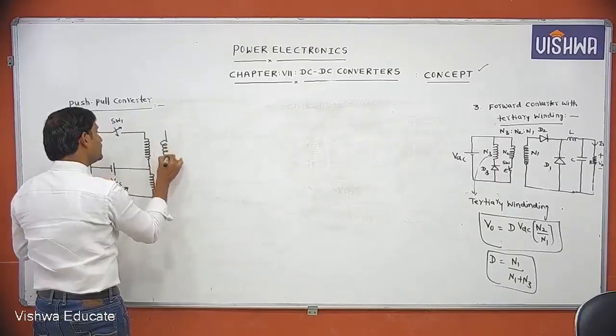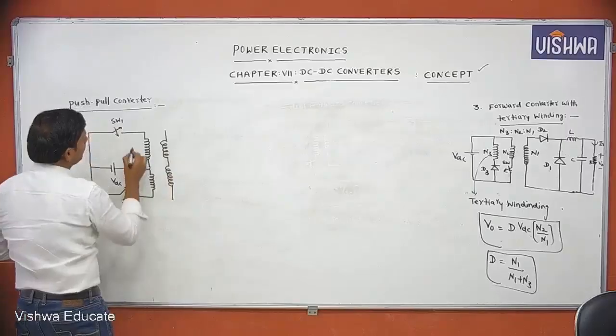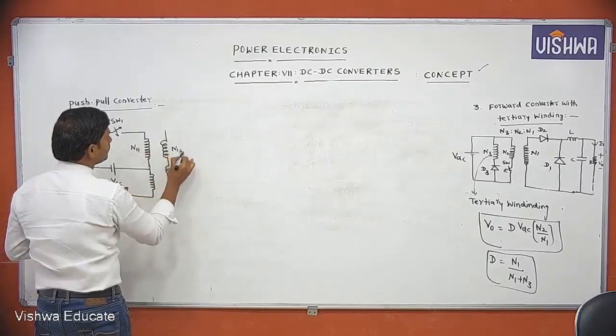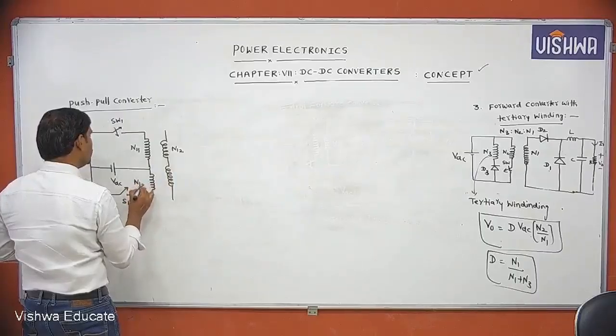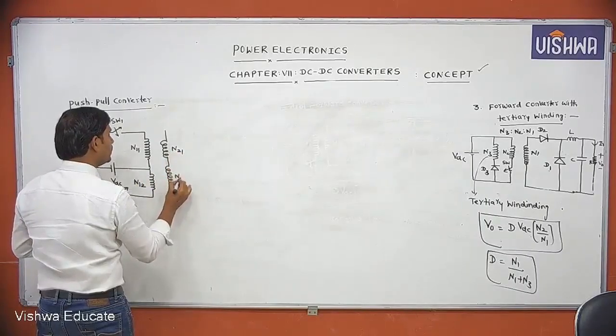Take like this. This is N11, N12, this N21, this N22.